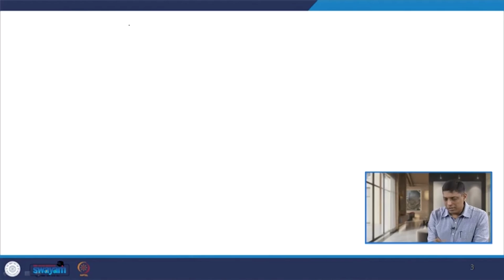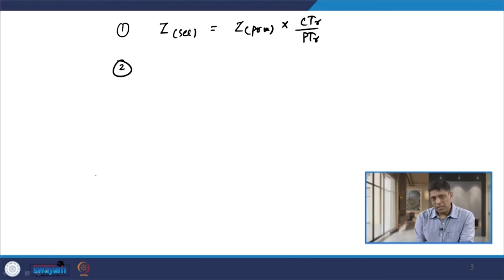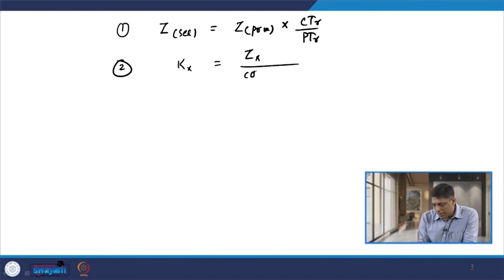What we have done is solve one example. When you solve an example of any distance relay, the first equation you need to remember is Z secondary equals Z primary into CT ratio by PT ratio. And the second equation you need to remember is Kx equals Zx divided by cos of theta minus phi.